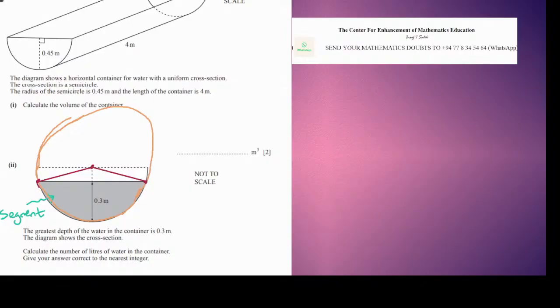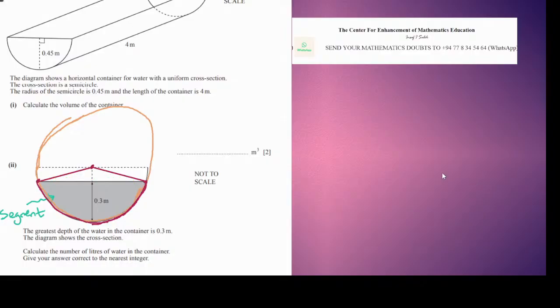My plan is to first find the area of the sector. Then I would go on to find the area of this green colored triangle. Then I would subtract the green triangle's area from the sector's area to find the area of the segment. Alright, let's do this.